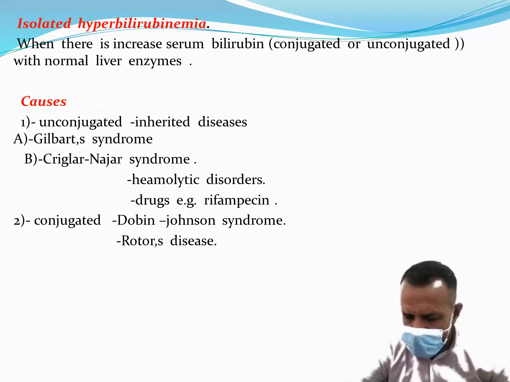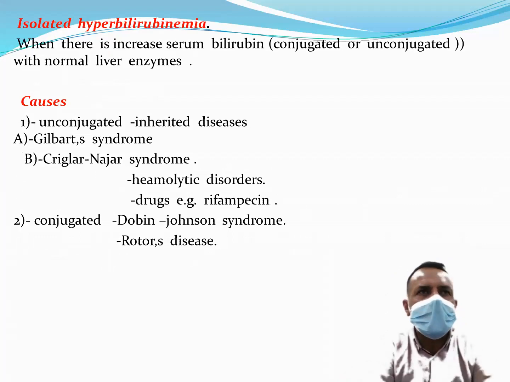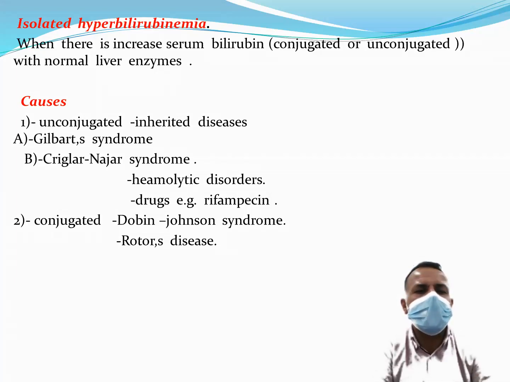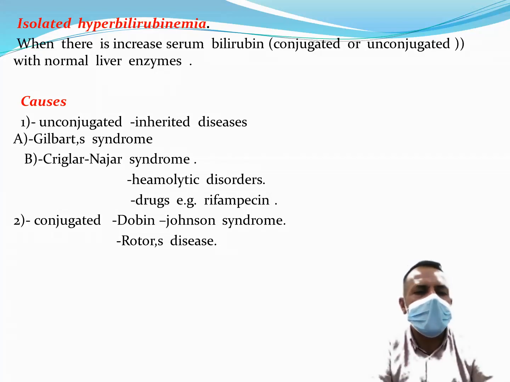Another subject is called isolated hyperbilirubinemia. There is only increased bilirubin without other symptoms. With normal liver enzymes, increased bilirubin is called isolated hyperbilirubinemia. Increased serum bilirubin with normal liver enzymes is caused either by unconjugated inherited disease, for example, Gilbert syndrome or Crigler-Najjar syndrome.